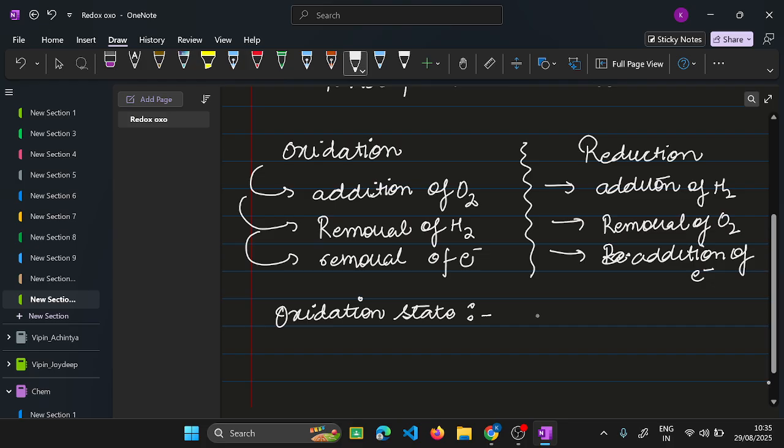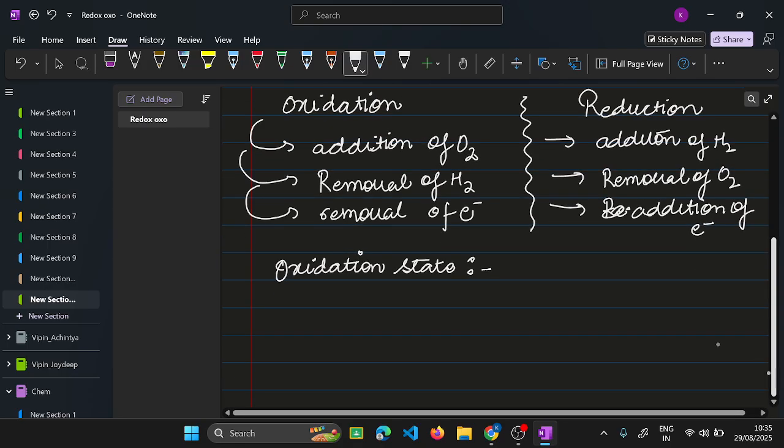The oxidation state of any atom in a molecule or ion is the hypothetical or real charge present on the atom. And why does this charge arise? Due to the electronegativity difference, right?